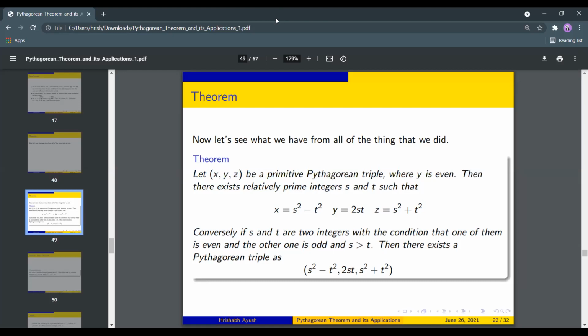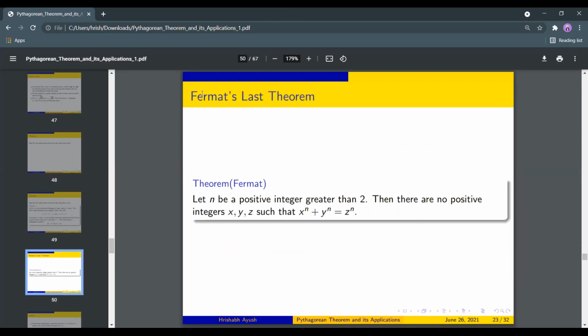Yes. Okay, so let's move to Fermat's last theorem. It's one of the most famous applications of the Pythagorean theorem.